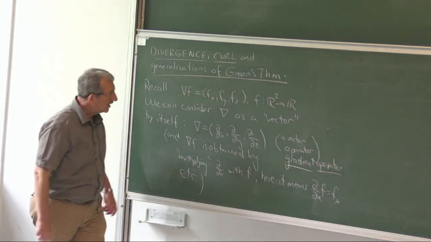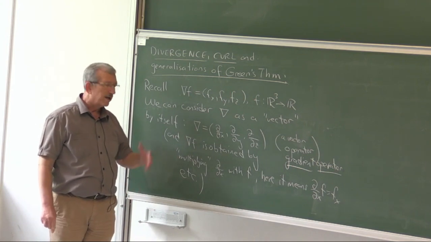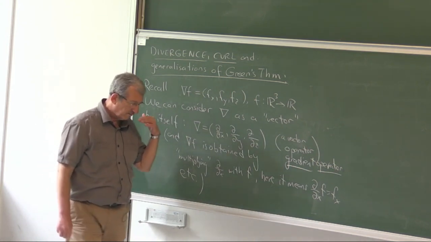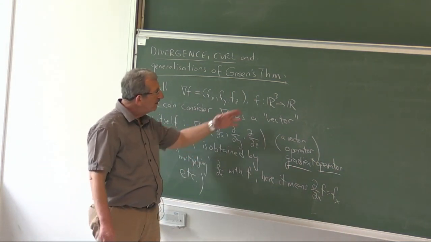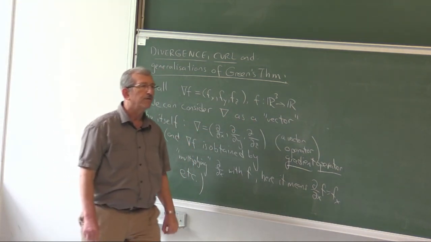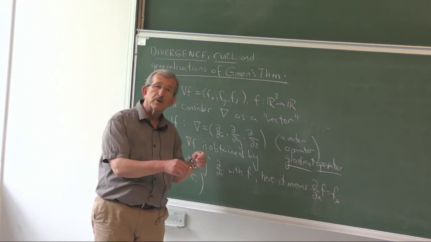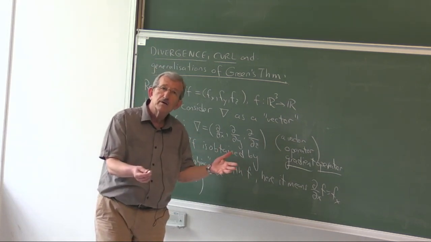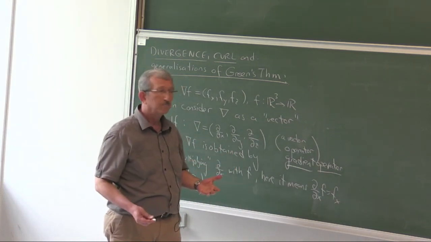Now, the point is that if we consider del as a vector, then if we take here not a scalar-valued, but a vector-valued function, we can multiply them as well, in dot product or in cross product.